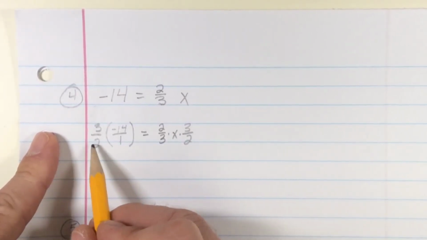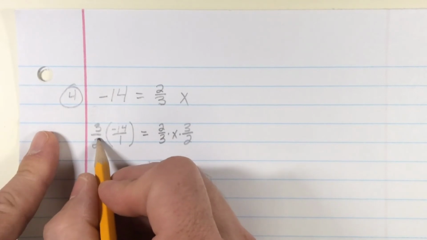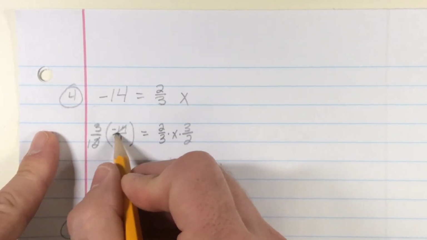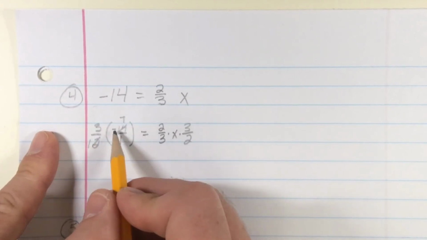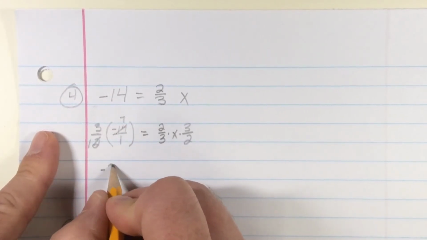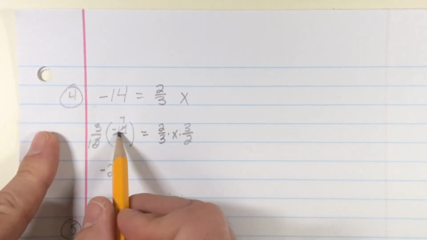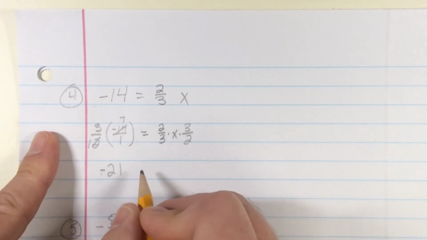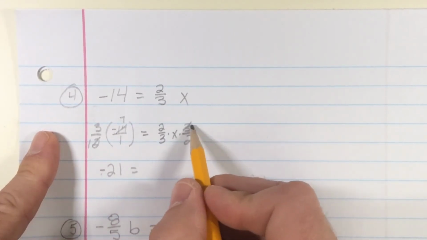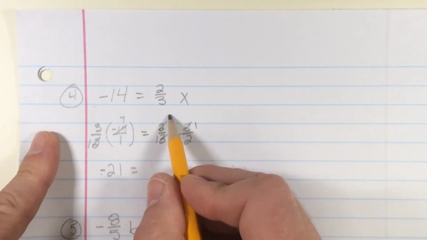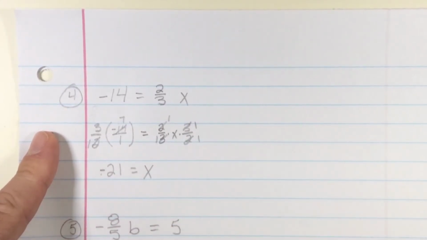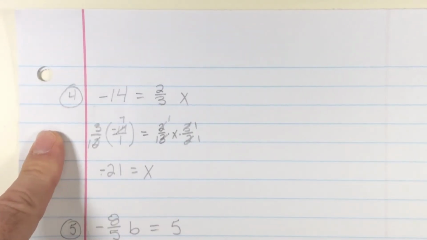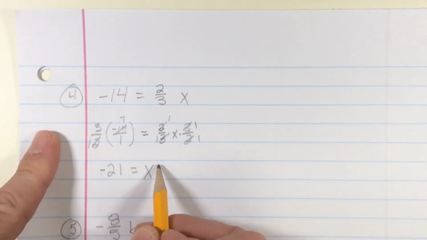Okay, so when we're simplifying over here, 2 goes into 2 once, 2 goes into 14 7 times. 3 times negative 7 is negative 21. Or remember, a positive times a negative is a negative. Over here, 3 goes into 3 once, 3 goes into 3 once, 2 goes into 2 once, 2 goes into 2 once, and I'm left with just x, which is what I wanted because we were isolating the variable. So x equals negative 21.